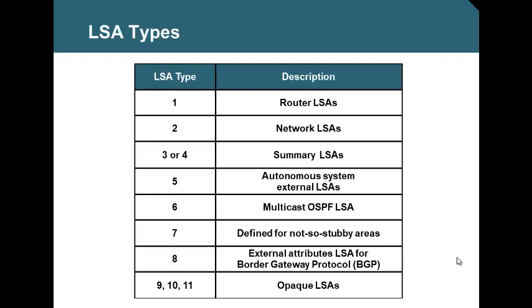These advertisements will never pass through the ABR. Area border router will not allow these LSAs to go to another area. Type 1 LSA, type 2 LSA, ABR will not allow to pass through.